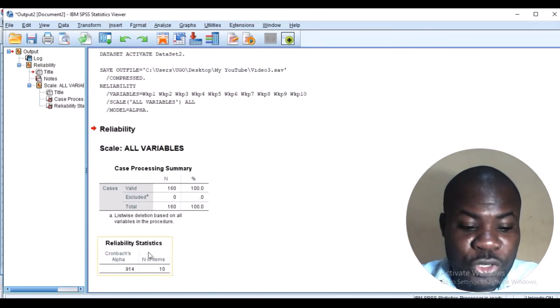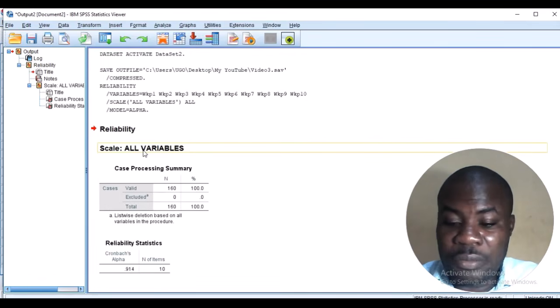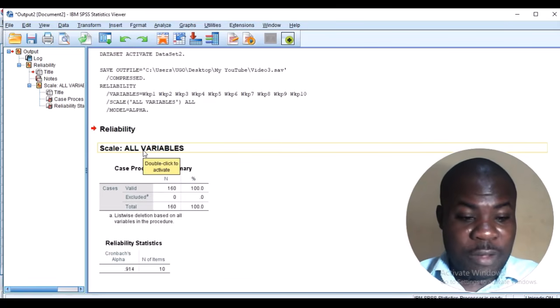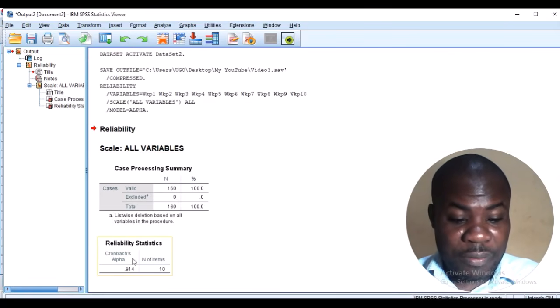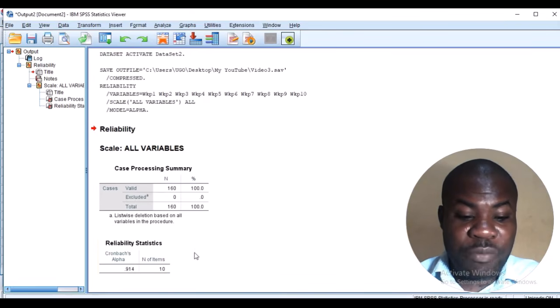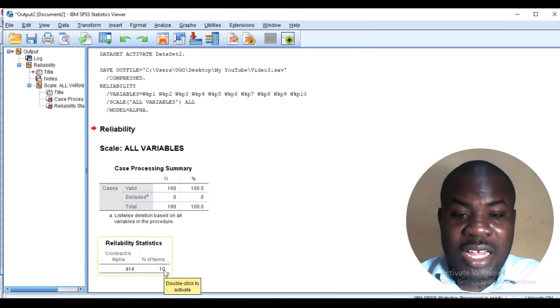This will produce the reliability results for you, and then you'll be able to know whether the scale is actually reliable. You can see the Cronbach's alpha reliability coefficient is 0.91, and the number of items here is 10.